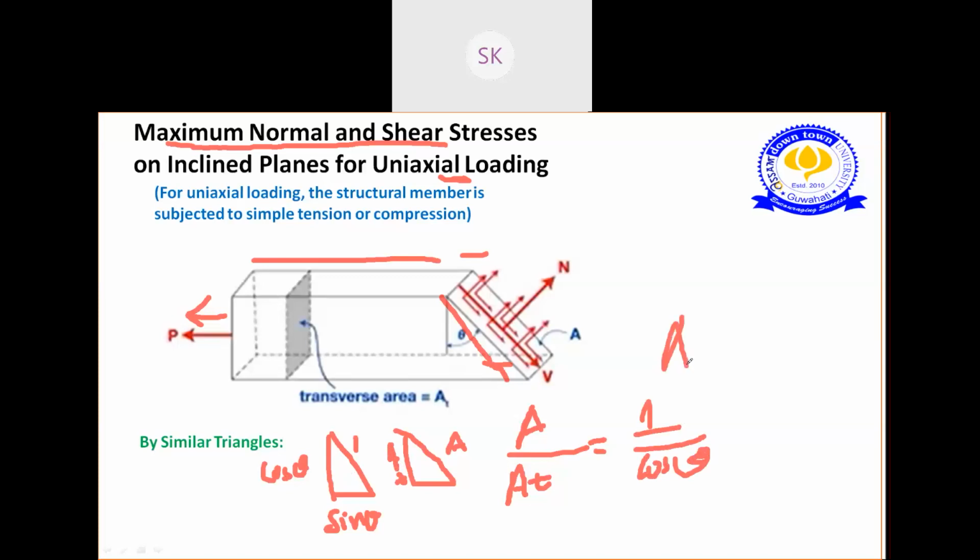So ultimately we'll get A equals AT by cos theta. Hope this part is clear. A is equal to AT by cos theta. Yes, ma'am. Okay, then let's move to the next slide.